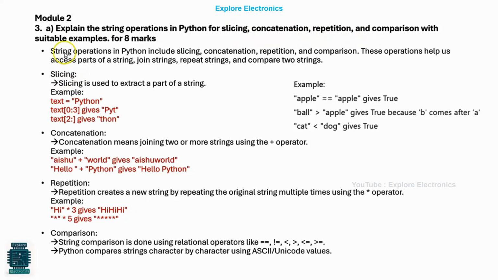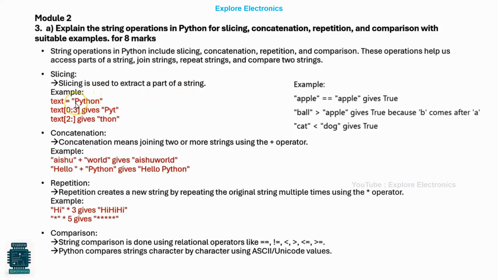Let us see. String operations in Python include slicing, concatenation, repetition and comparison. These operations help us access parts of strings, join strings, repeat strings and compare two strings. Here slicing is used to extract part of a string.